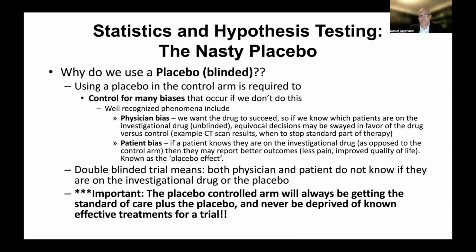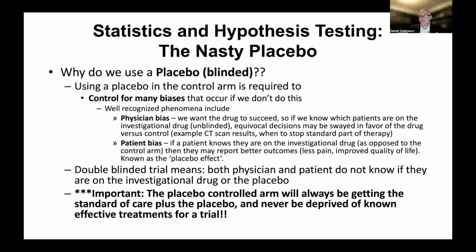This is a really important thing to say because this is a huge concern of patients, understandably. But the placebo arm of any study will always be getting a standard of care plus the placebo and never be deprived of known effective treatments for a study. This is why they go through institutional review boards, IRB committees, et cetera, is that the control arm always has to meet the standard of what is being done anyway.